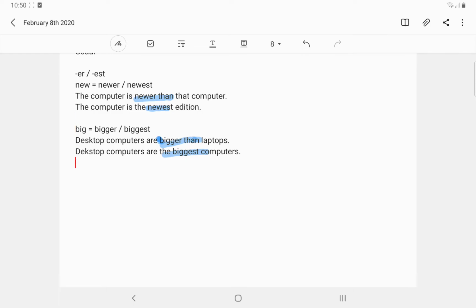Okay, we're going back to more and most. So, for instance, we have the word interesting. So, iPhone softwares are more interesting than Android softwares.